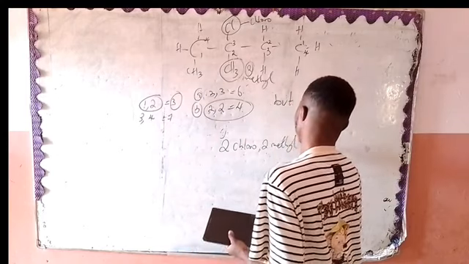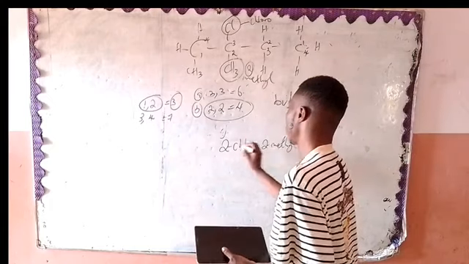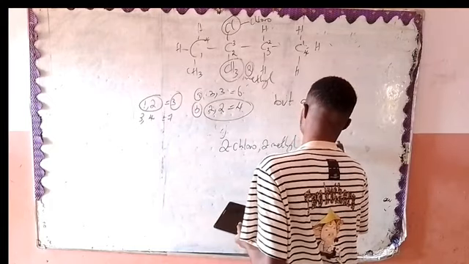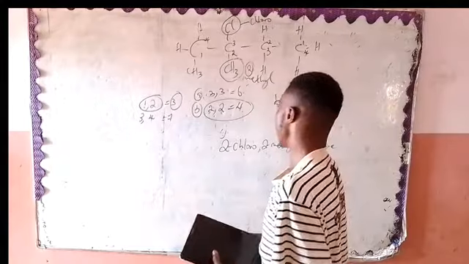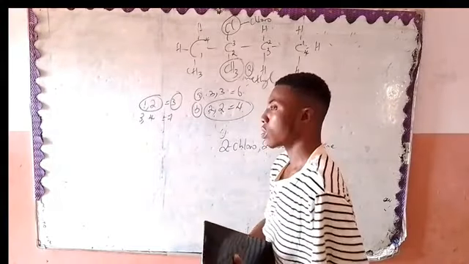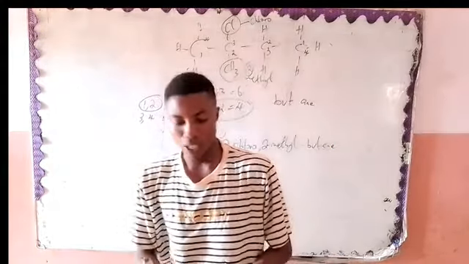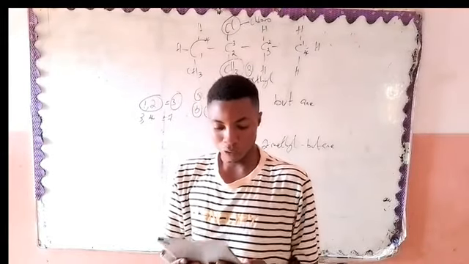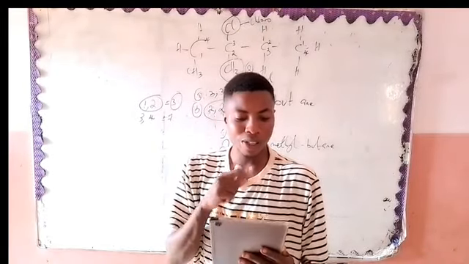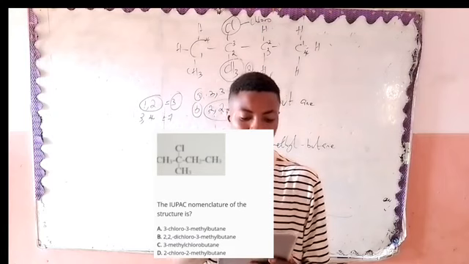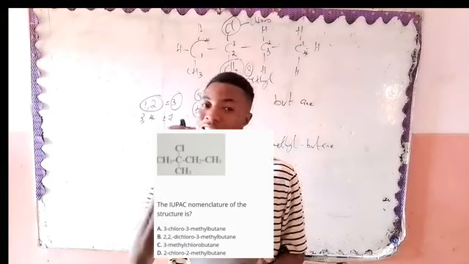Remember, you are putting this one first. Butane. That is the answer. 2 chloro, 2 methyl what? Butane. So let's check our answer from the options going up. I already know you are going to see the answer. So the answer is what? D. See how easy it is.